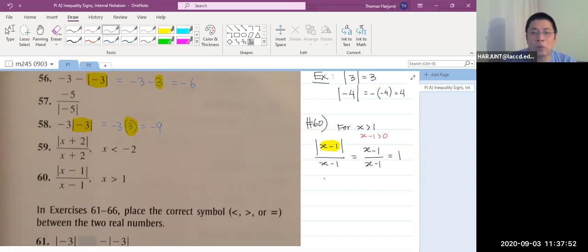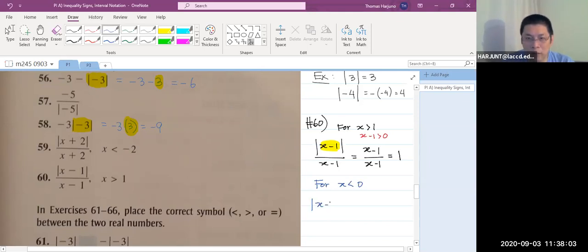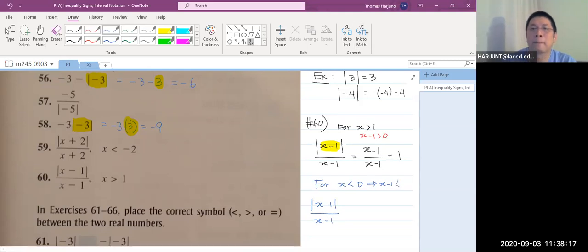Now, if I change the question a little bit, for x less than 0, for example, what happens to absolute value of x minus 1 over x minus 1? Because x is less than 0, what happens to x minus 1? It's not becoming negative x minus 1.